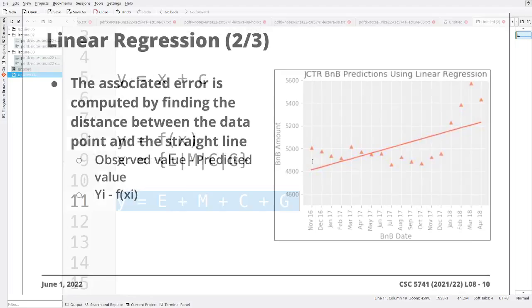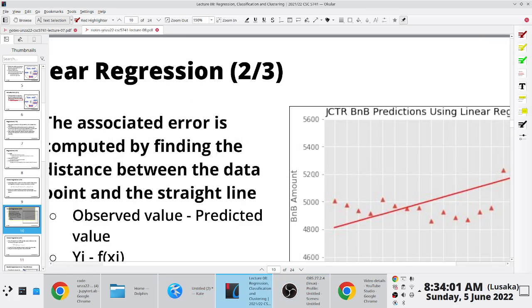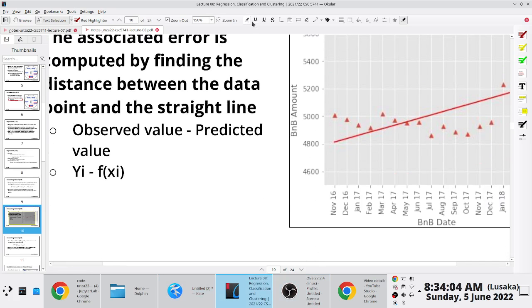In this particular case, for each of these data points, this data point here is the actual value, whereas the point that lies on this line, so we have a best fit line here that we've drawn, the point that falls on this line, which is somewhere here, would be the predicted value. This is the observed value. So our interest is to measure the difference between the actual value and the predicted value, and we do this for each of the points.